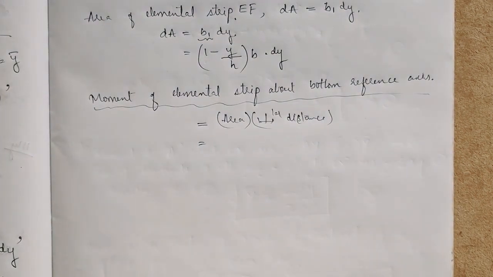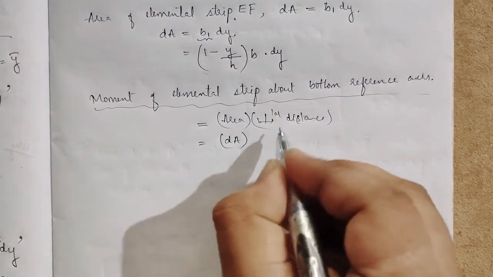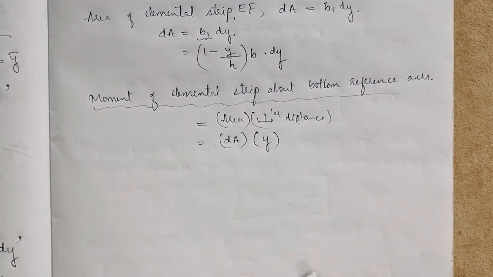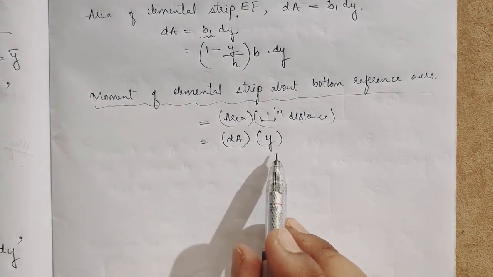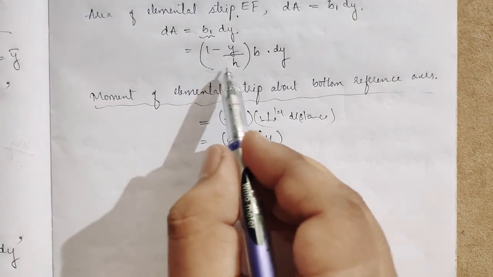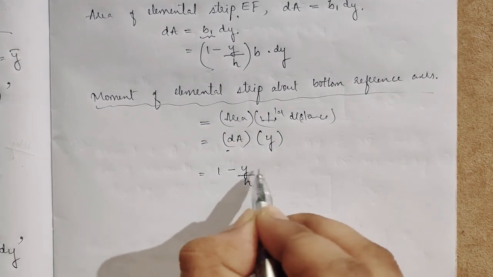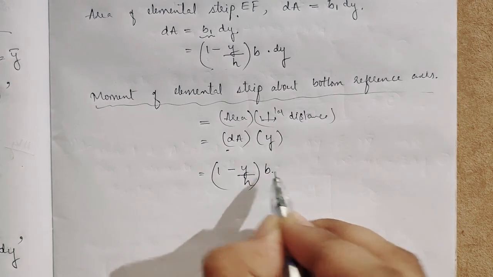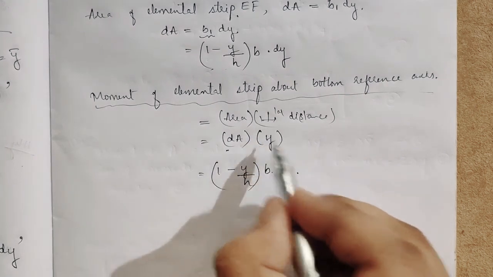So area is dA, and the perpendicular distance is y, because it is the distance of y from the reference axis. I already found the value of dA, that is 1 minus y by h, into b, into dy, into y.